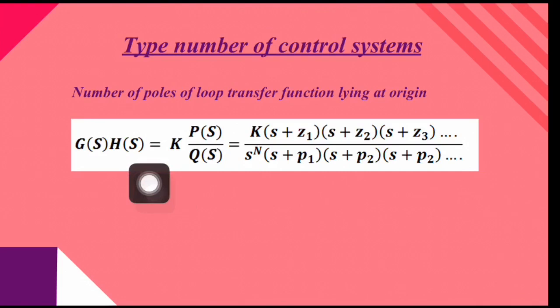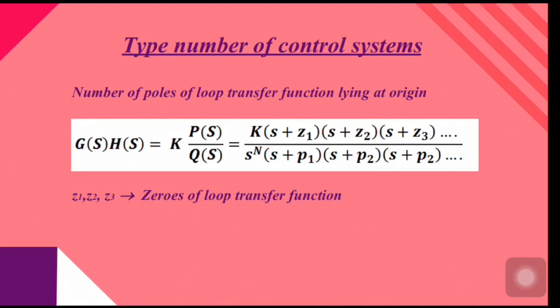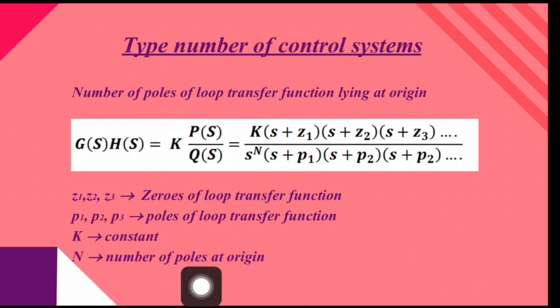Hope you remember G of s H of s is the loop transfer function, and it can be expressed as ratio of two polynomials in s, that is K into P of s by Q of s, which can be expanded into K into (s plus z1) into (s plus z2) into (s plus z3) etc. divided by s raised to n into (s plus p1) into (s plus p2) into (s plus p3) etc. where z1, z2, z3 are the zeros of transfer function, p1, p2, p3 are the poles of loop transfer function, K is a constant, and n is the number of poles at origin, which is our term of interest.